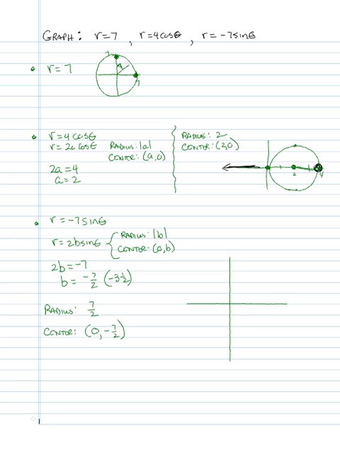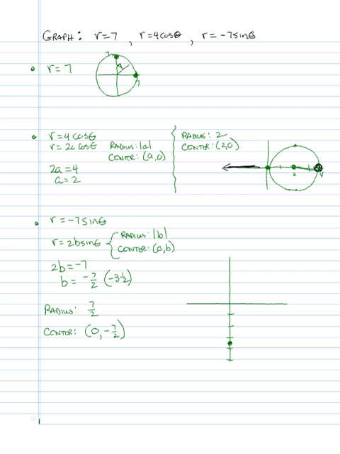Now the center is at, and let's assume here's 1, here's 2, here's 3, here's 4, here's 5. The center is 0, negative 7/2. And so that's 0, negative 3.5, isn't it? So 1, 2, 3.5 is right here. Okay? So there's negative 7/2.